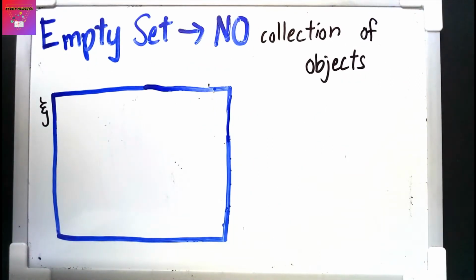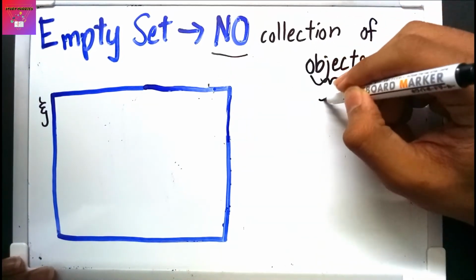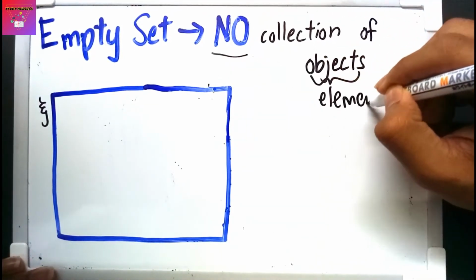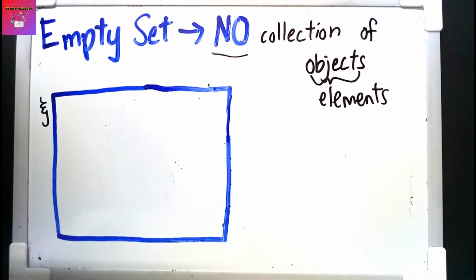Next we are going to look at the empty set. An empty set is just the total opposite of what sets are. As we know from the definition of sets at the beginning of the video, sets are a collection of objects, or a collection of elements. But in the case of an empty set, there are no objects or elements present inside the set.